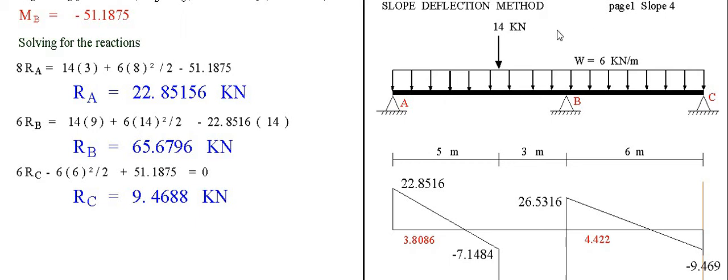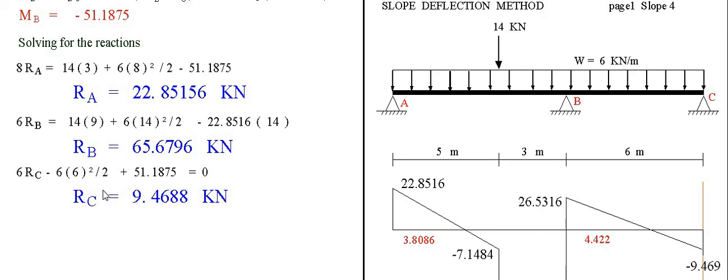So RC is counterclockwise. The moment at B is counterclockwise, the same, so positive, then minus the uniform load of 6WL square over 2. That explains why it is positive here. If you transfer here on the left, this becomes negative.